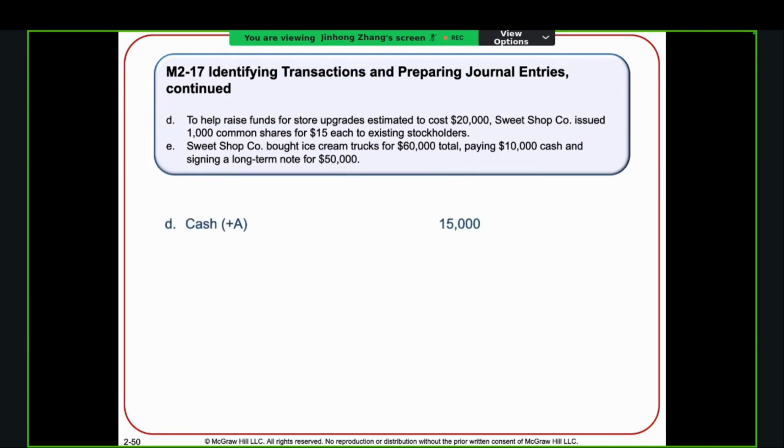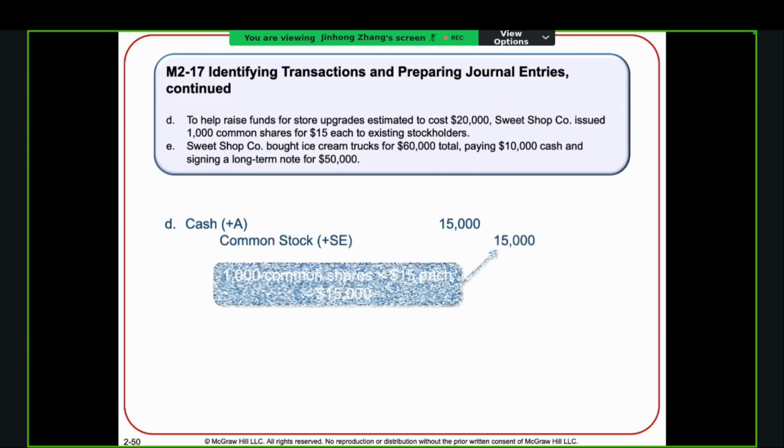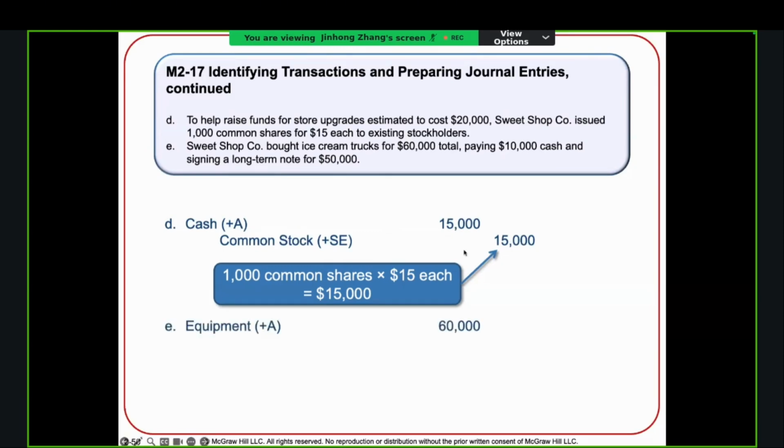So here's the thing: when you do exercises and quizzes, sometimes the question is tricky. It costs $20,000, you think it's $20,000. But the reality is, yeah, they estimated this, but they only raised $15,000, right? So it's $15,000, okay? That's something to think about.